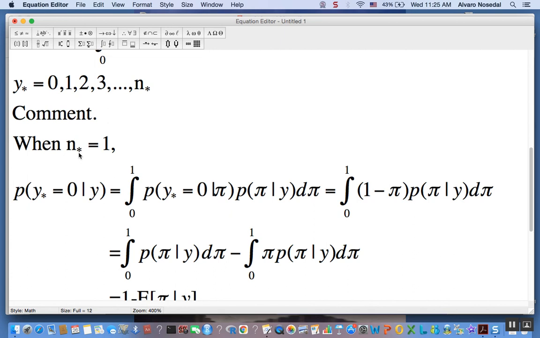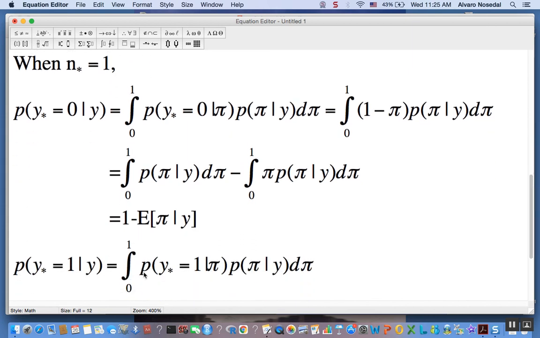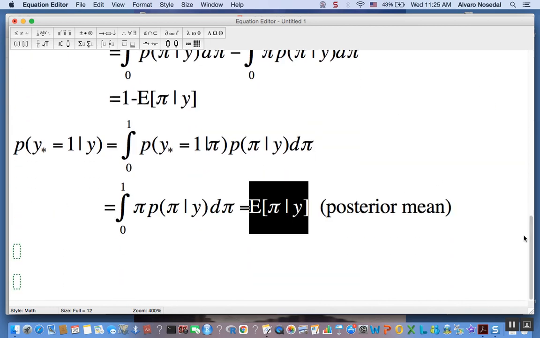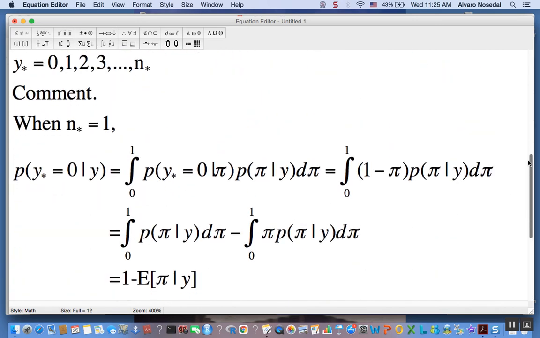Then we used that definition for the case when we are interested in a future sample of size 1. And what we realized was that the probability of y star being equal to 1 given y will be the same as the posterior mean, and the probability that y star equals 0 is going to be the complement, 1 minus the expected value of pi given y.